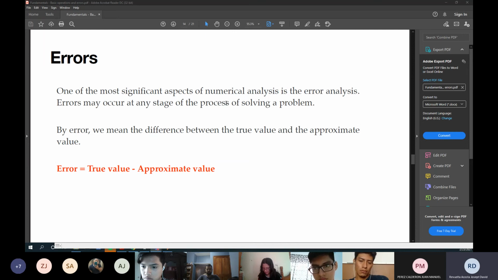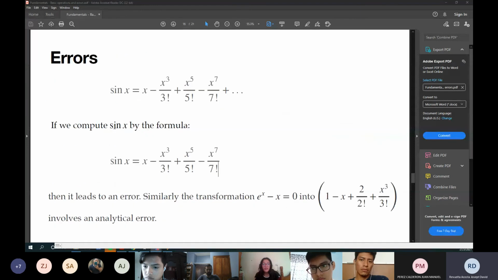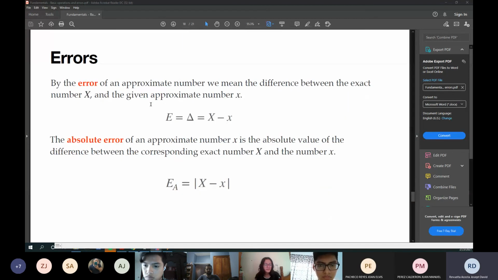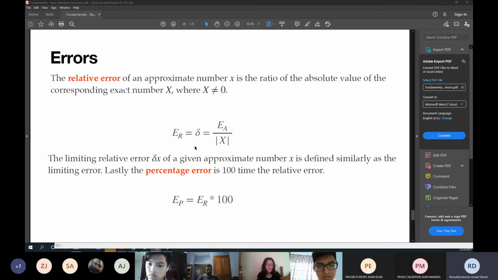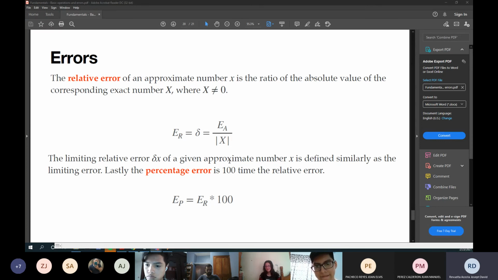And then we moved to the definition of the errors. We defined the error. We defined the type of errors that we can have in real problems. We did some examples of the analytical problems, the errores de redondeo, so very simple definition. And then we defined mathematically the concept of error, the absolute error, the limiting error condition, the relative error, something very simple as the limiting relative error, which is exactly the same as the limiting error for the case of the absolute error.